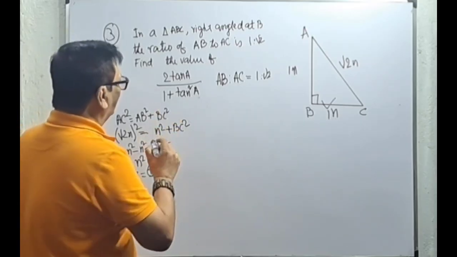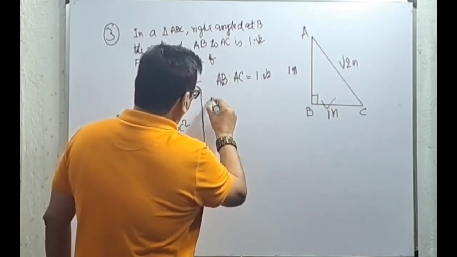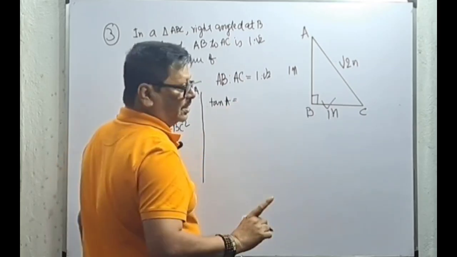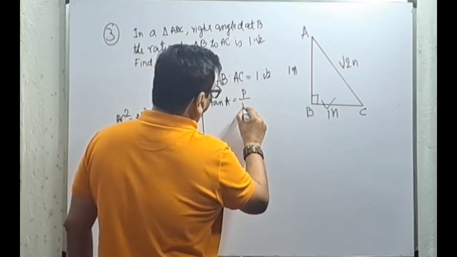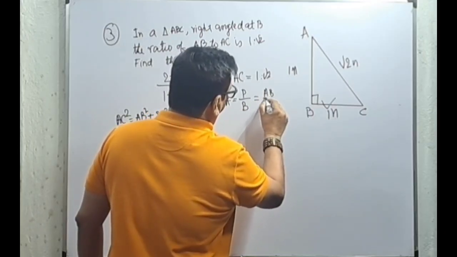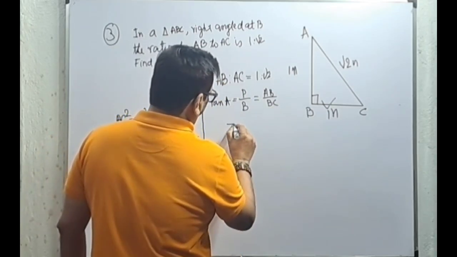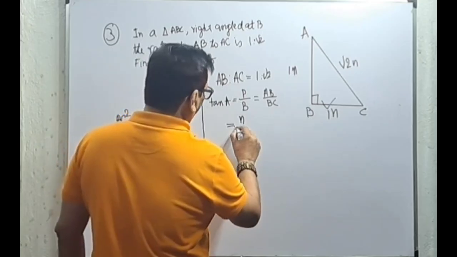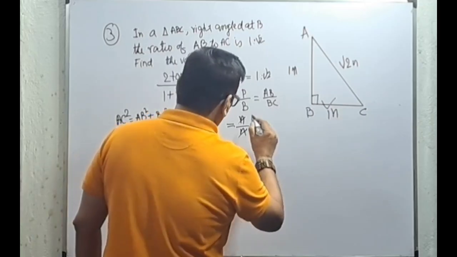Right? Now we find the value of tan A. Tan A from this triangle is perpendicular by base, where AB by BC. Right? So we put the values. AB is equal to N and BC is also equal to N. So N cancels out, it is equal to 1.